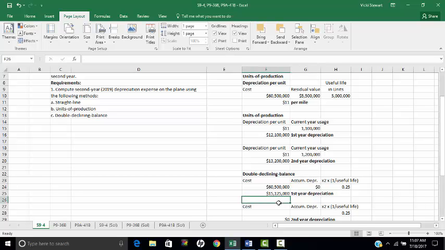So for our first year's depreciation, we have no accumulated depreciation. So our first year depreciation is going to be $60,500,000 times 0.25, which is 2 times the straight line rate. So our second year depreciation will be $60,500,000 again.